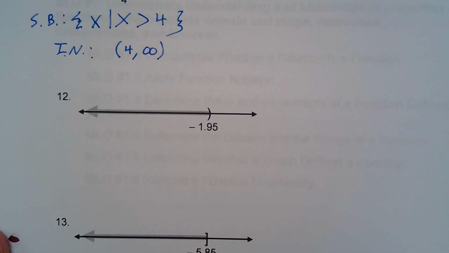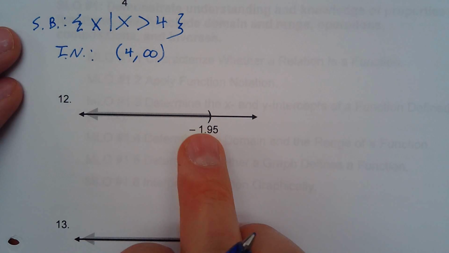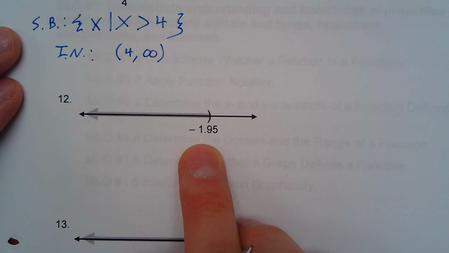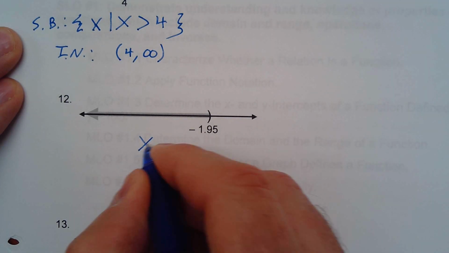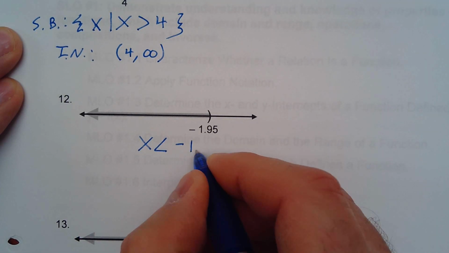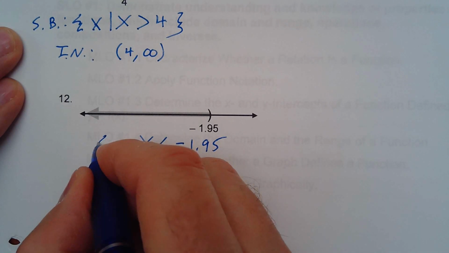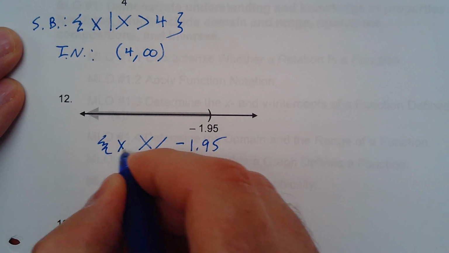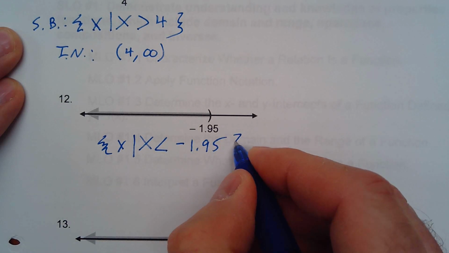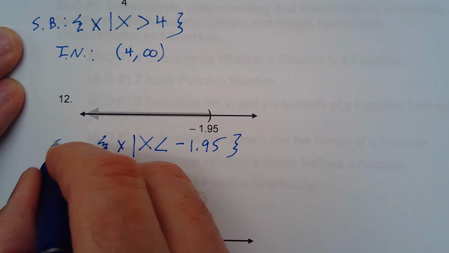Number 12. So this would be the set of all x is less than negative 1.95. So I'm just writing down the inequality first, and then I'm going to make it into set builder by making it fancy. Curly bracket x, my line, close it with a curly bracket.